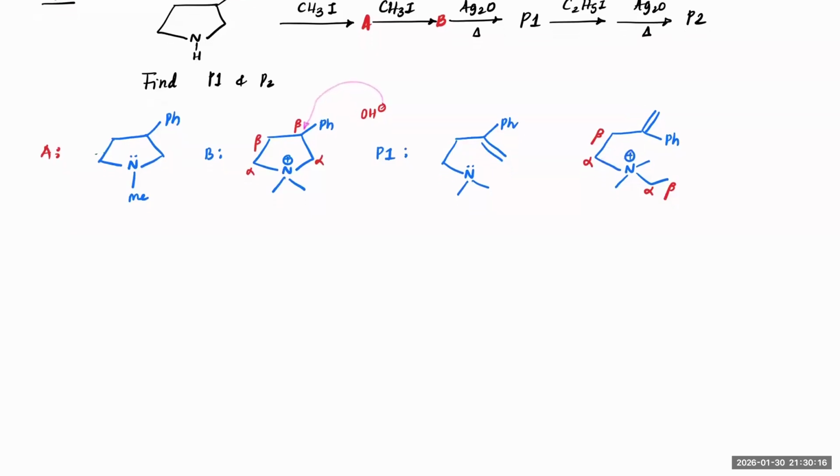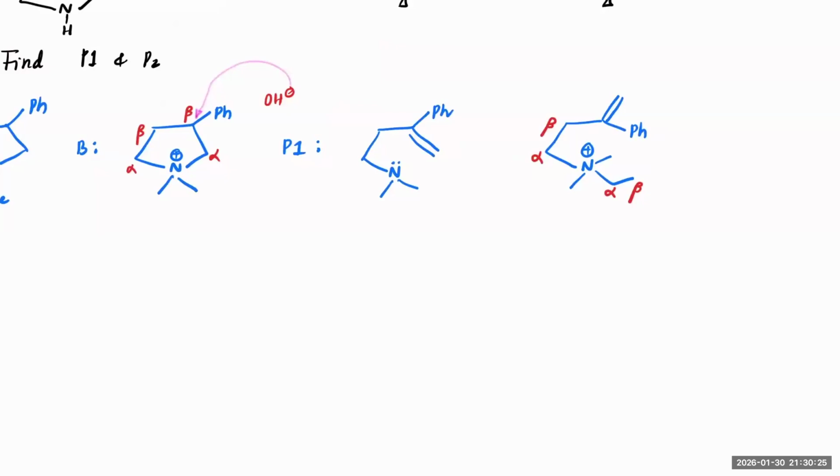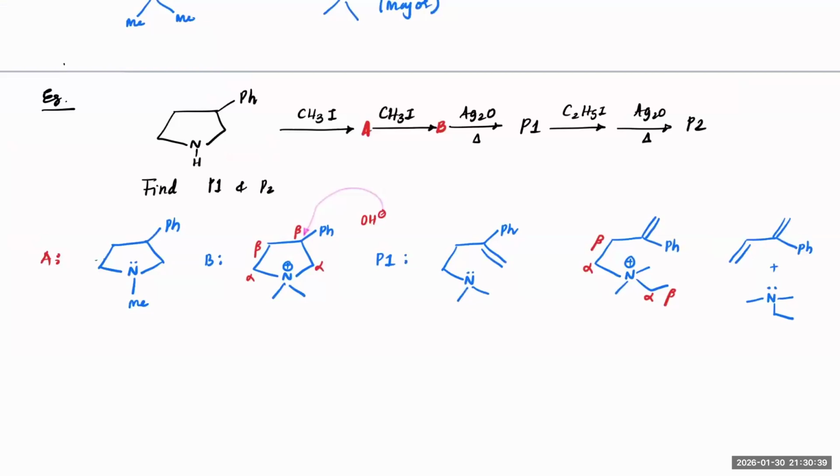Therefore, this beta carbanion can be more stabilized with this allyl position. Hence, the product it will form in this case will have a double bond here with a phenyl and plus nitrogen having methyl, methyl and ethyl. So this will become the final product.